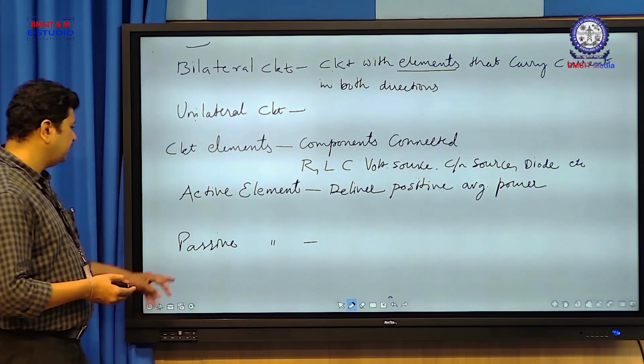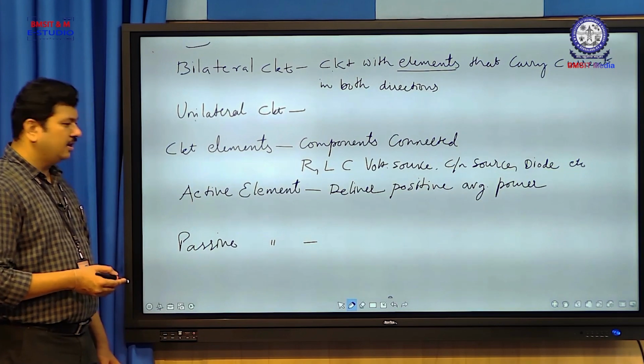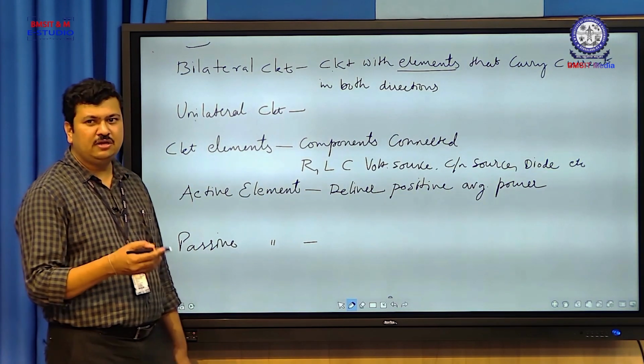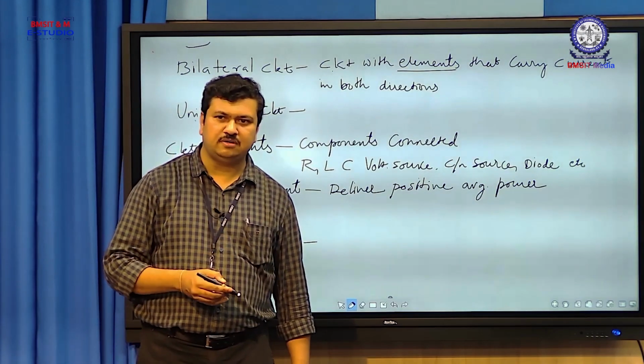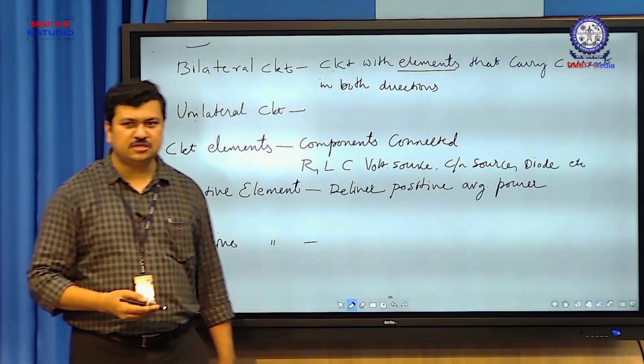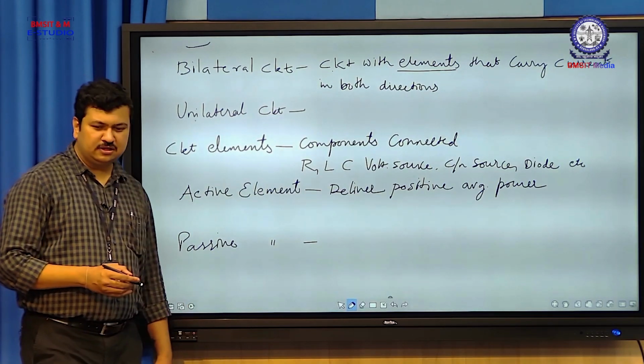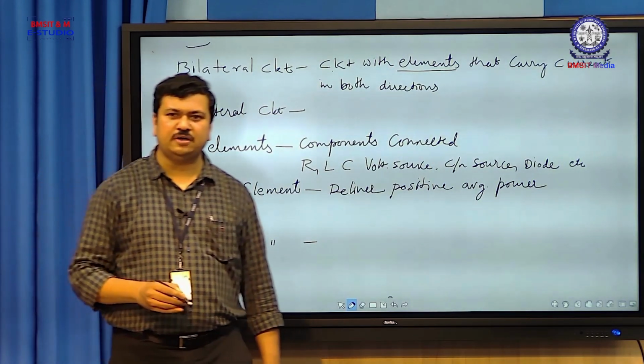Whereas passive circuit elements are the ones that do not have the capacity to deliver average power greater than 0. So, these passive elements generally are the elements that will receive the power input.